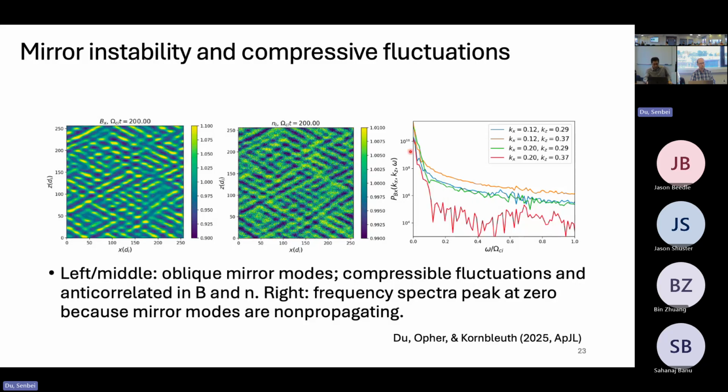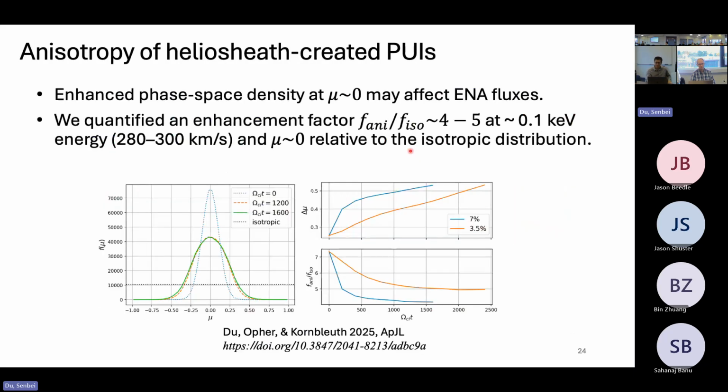And so the effect of this instability is that it's much less efficient in pitch angle scattering, and so we can quantify this effect on the anisotropy, and we can estimate the phase space density at 90-degree pitch angle and how it's enhanced relative to an isotropic distribution.